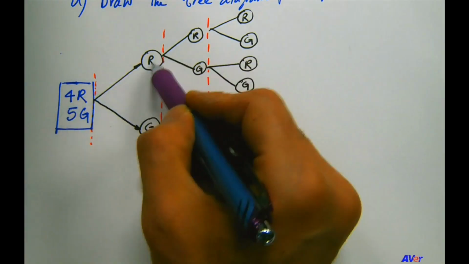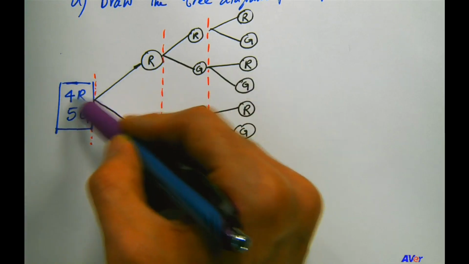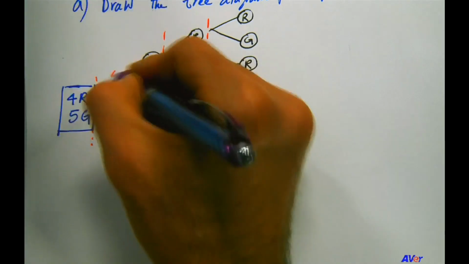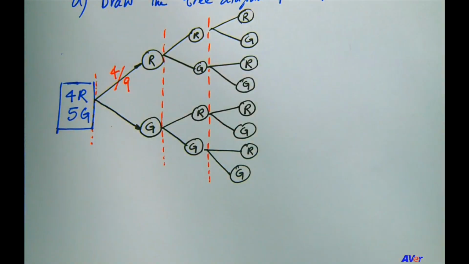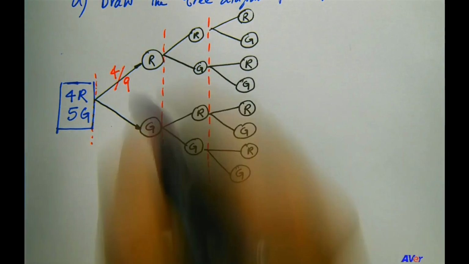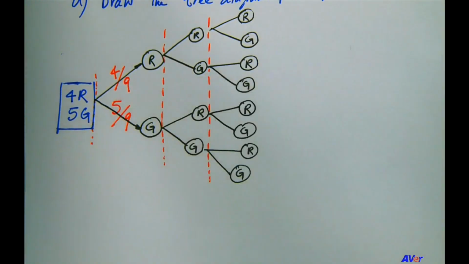So initially, to get a red object out of 9, where we have 4 red objects, there is a 4 out of 9 probability of getting a red one out, right? To get a green one out, you have 5 out of 9 probability.